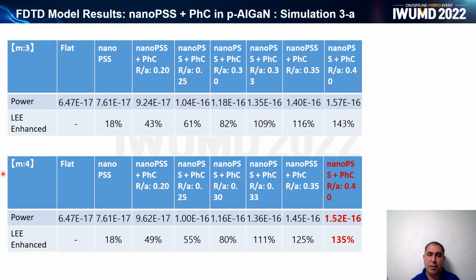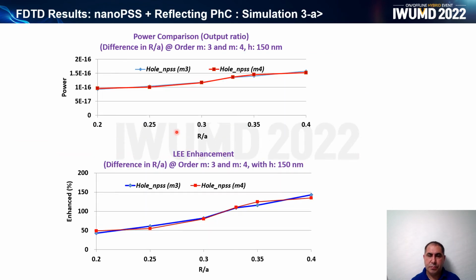But if you compare M4 with the opaque p-GaN contact, this value is better. As a result, power was also enhanced in the case of R/A around 0.4, and the light extraction was also enhanced to more than 49% as shown here in this case.